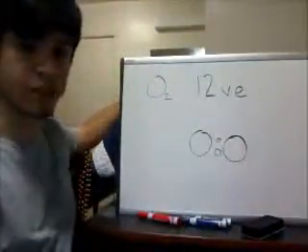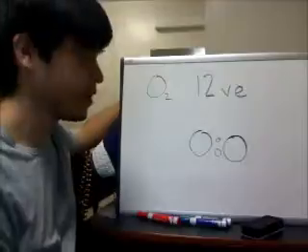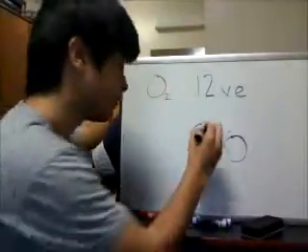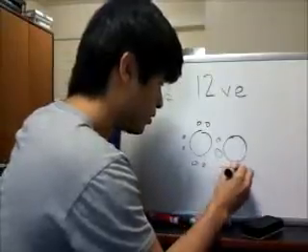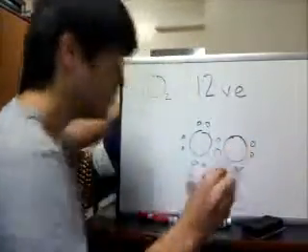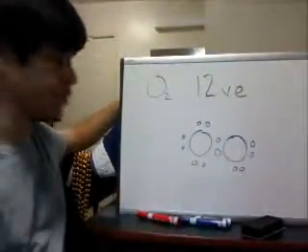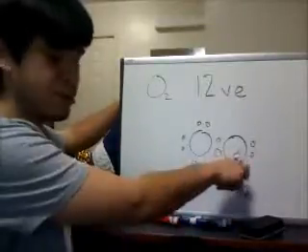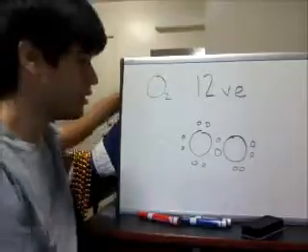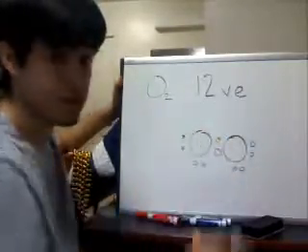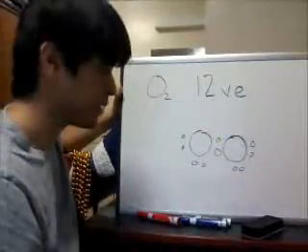So again, we start by drawing our bond between our oxygens, and we have 10 valence electrons to fill in. Okay, so there's our 10 valence electrons, but you'll notice right away that this oxygen only has 6 electrons in its outer shell. So we can take a lone pair from the other oxygen and make another bond.